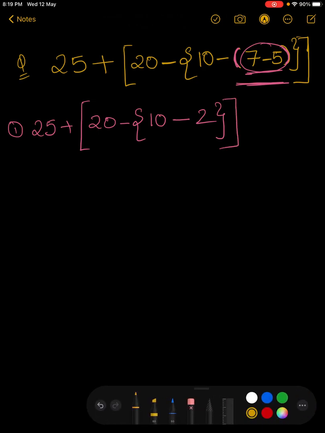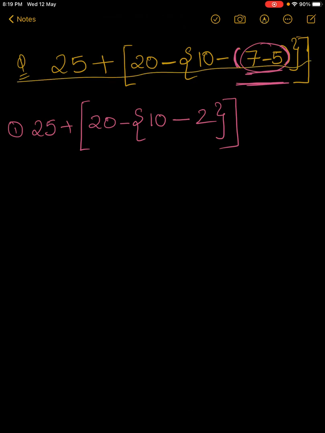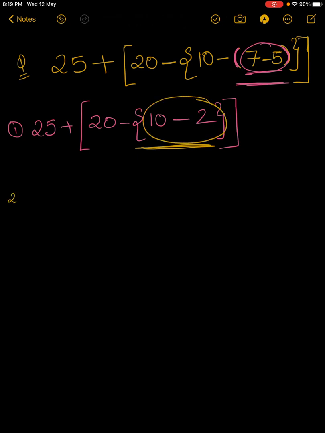Now if you remember the rules carefully, again from the innermost side we have curly brackets that we need to solve. Yes. So my second step will be 25 plus square brackets open 20 minus 10 minus 2 would be 8, right?